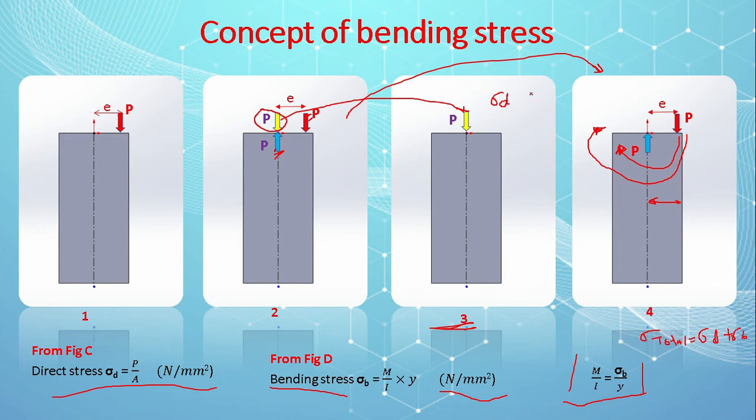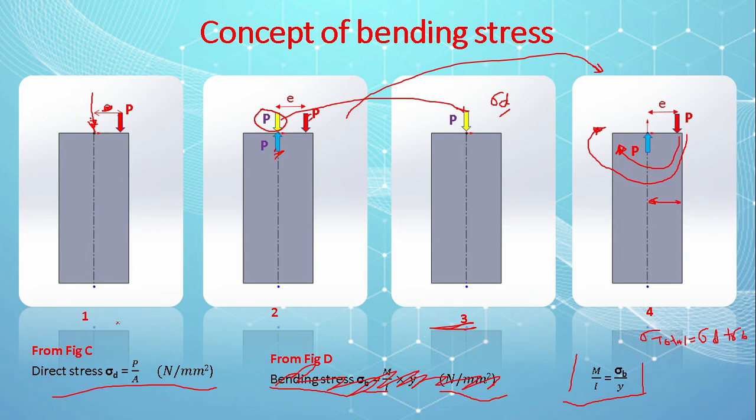So what we have seen in this slide: when force P is acting at a distance of e away from this axis, two stresses get produced, which are sigma d direct stress and sigma b bending stress. If this force P is acting along the axis, so eccentricity is equal to 0, in that case this sigma b will not be here.